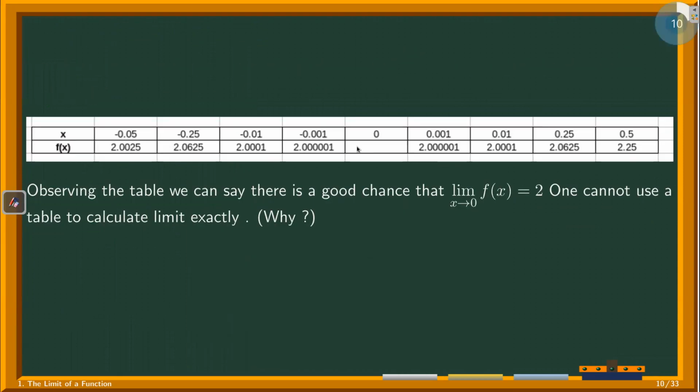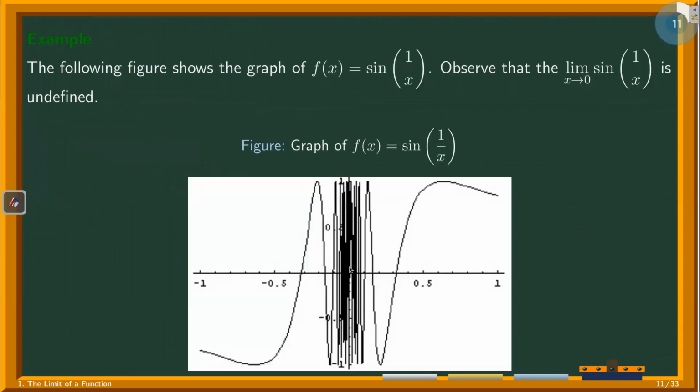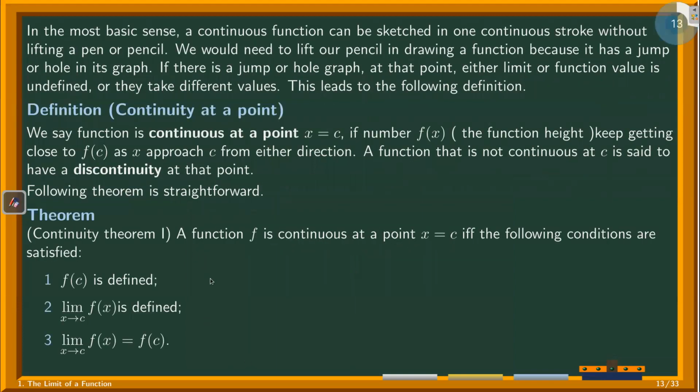If we get an alternating function like this, the limit is not defined. We discuss this situation and then we look at this definition.